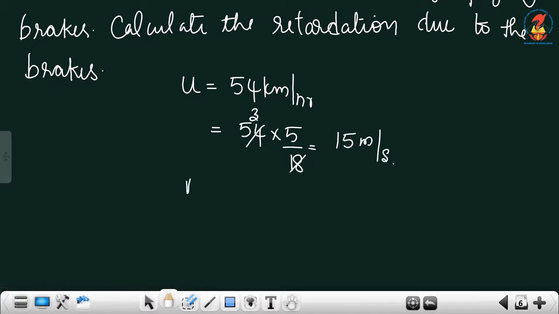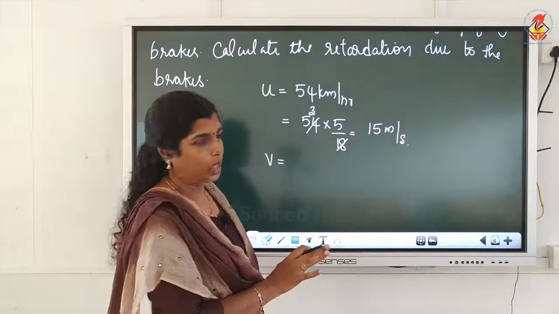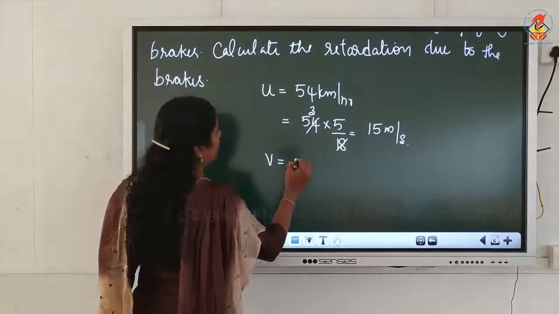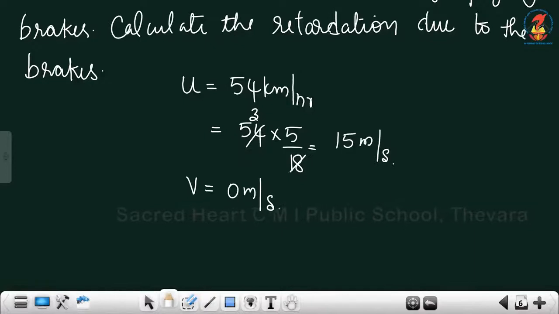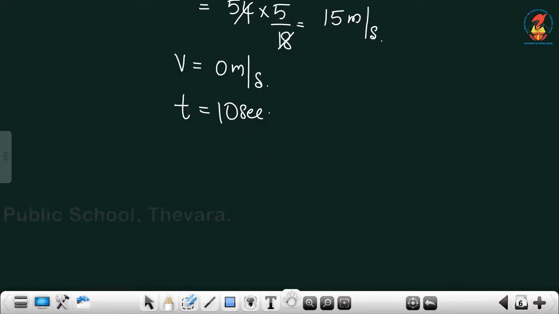Then, v equal to final velocity is 0 because brakes are applied and the car will come to rest. So, final velocity is 0 meter per second and time is 10 seconds.